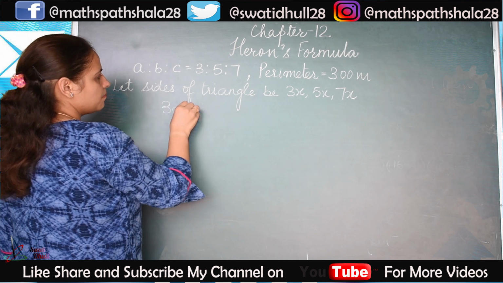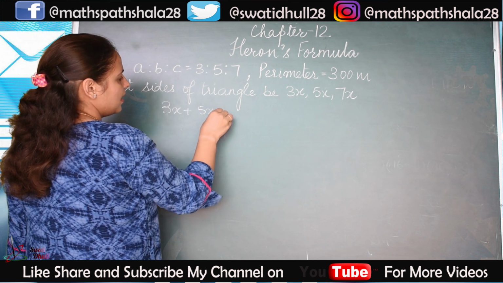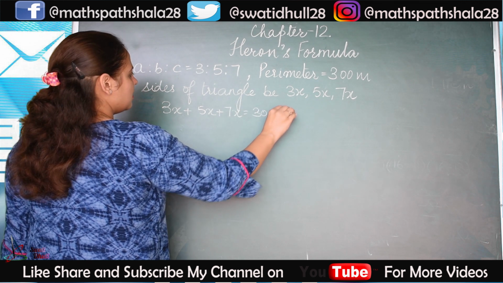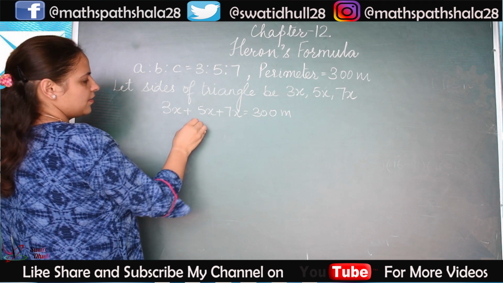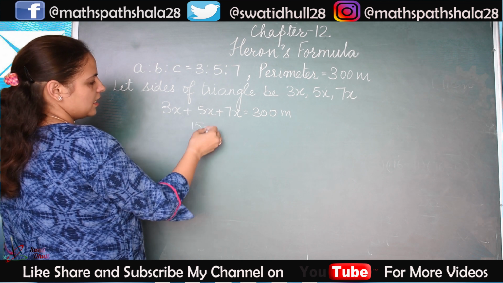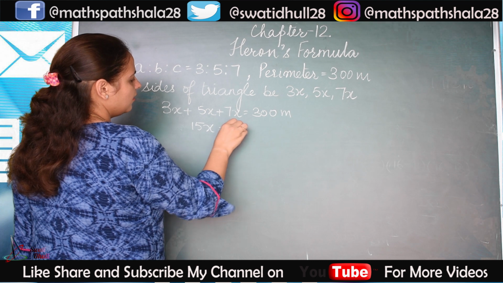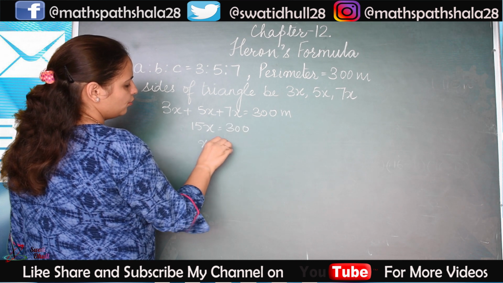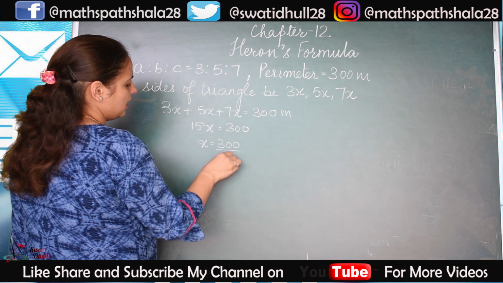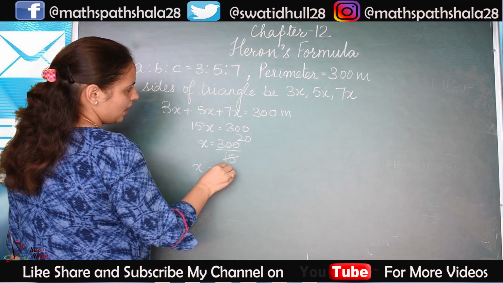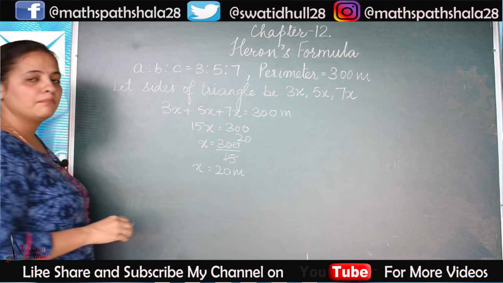So 3x plus 5x plus 7x is equal to 300 meter. So 3 plus 5 is 8, plus 7 is 15. 15x is equal to 300. So x is equal to 300 upon 15, that is 20. So you have got the value of x as 20 meters.